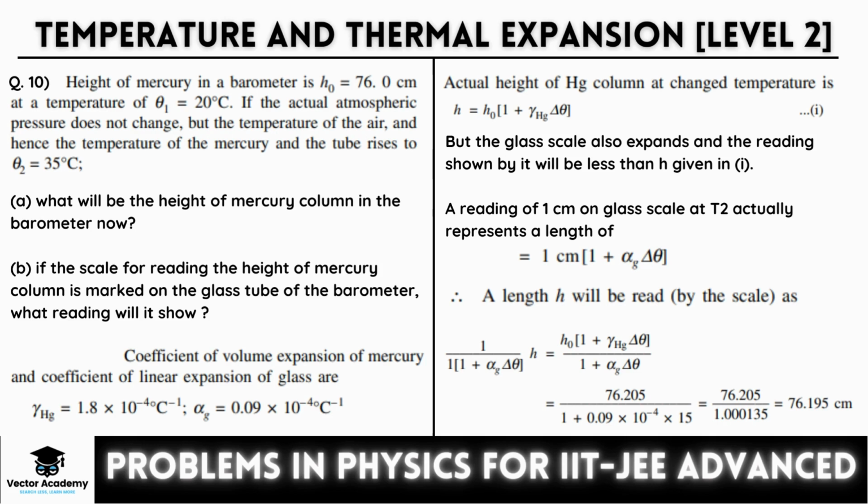A reading of 1 cm on glass scale at θ2 actually represents a length equal to 1 cm multiplied by 1 plus alpha g into delta theta. Therefore, a length h will be read by the scale as h divided by 1 plus alpha g into delta theta, which gives the reading for the height of mercury column to be 76.195 cm.